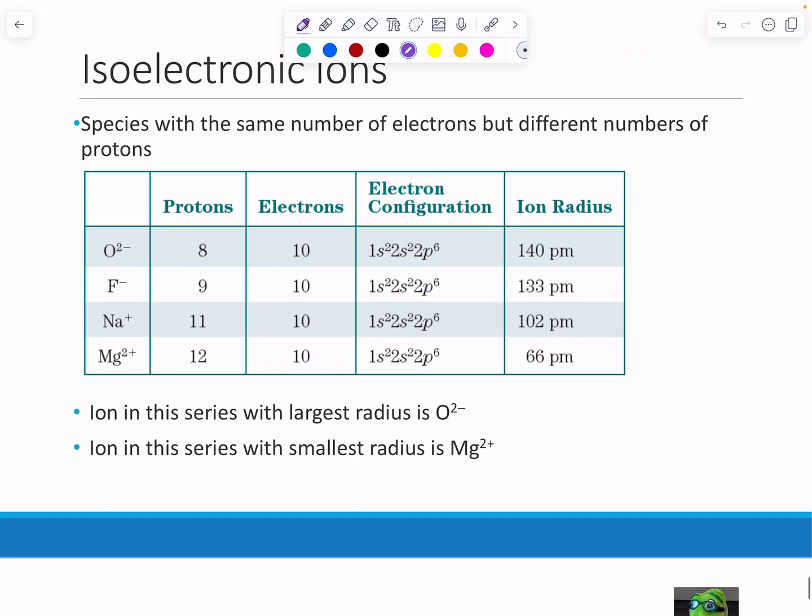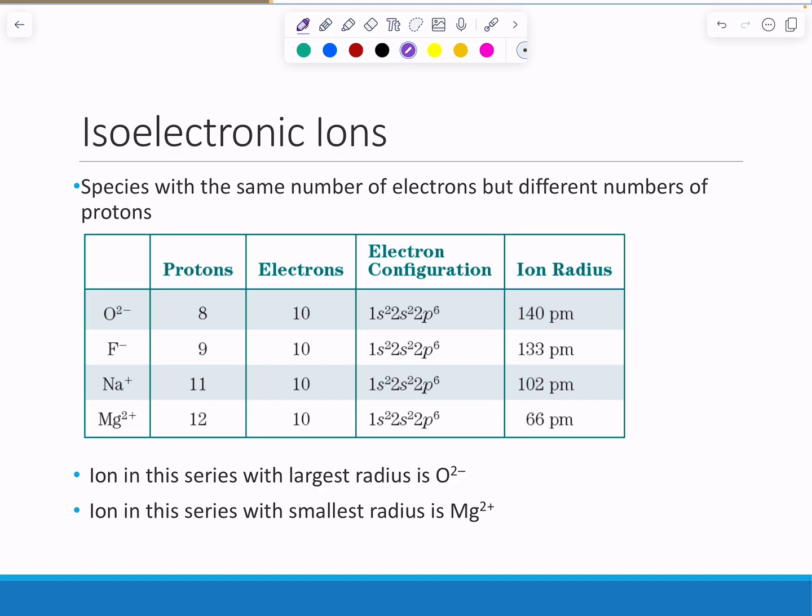All right, so I've been using the term isoelectronic, so I just want to further clarify what we mean when we say that. We've got the same number of electrons, but different numbers of protons. Here we have 4 different species. When I'm a chemist and I'm using the term species, I mean a molecular or atomic thing.